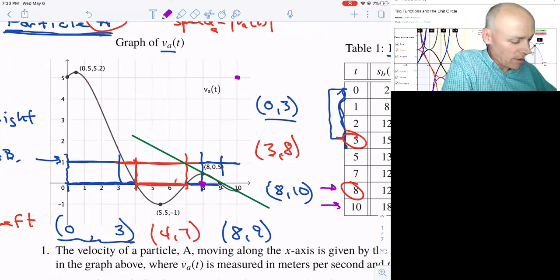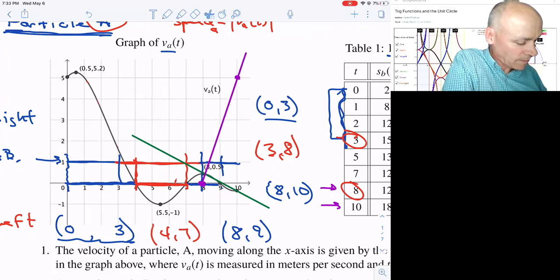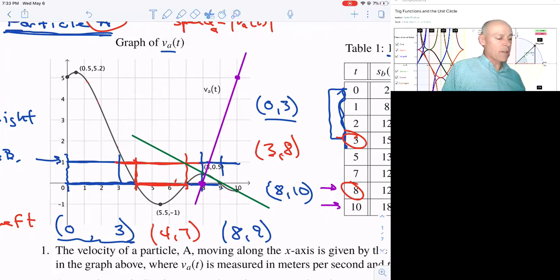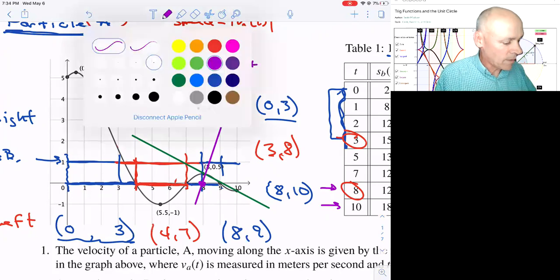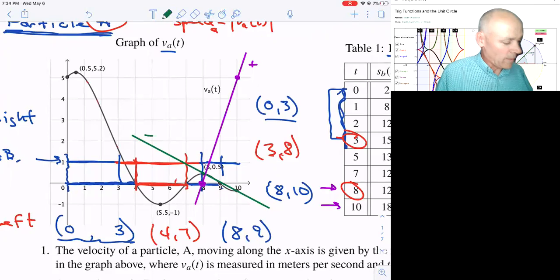Okay, so then if I draw a secant line through those points, I can easily see that the average acceleration for particle B is greater. Obviously this is a steep positive slope, and that other one is a negative slope.